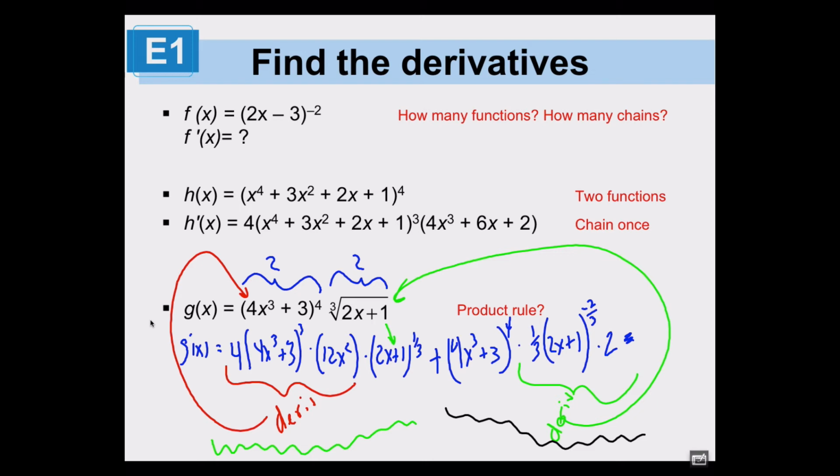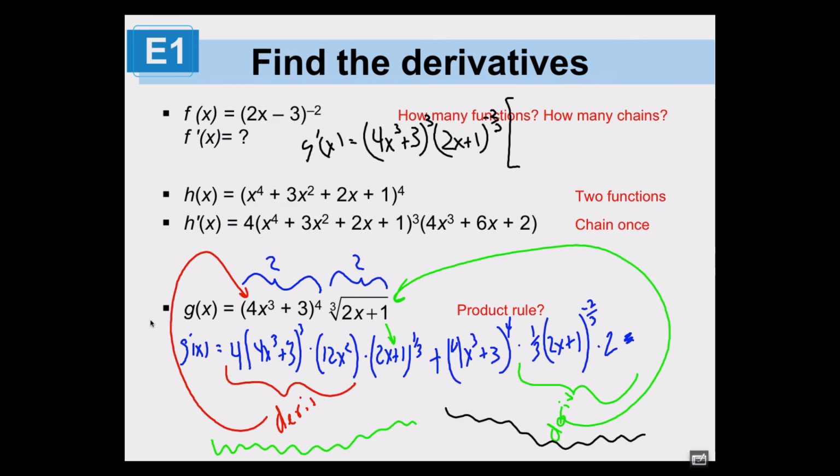Okay, so I would take out g prime of x. I would take out a 4x cubed plus 3 to the third power, and I would take out a 2x plus 1 to the negative 2/3 power. Put in a big bracket there.